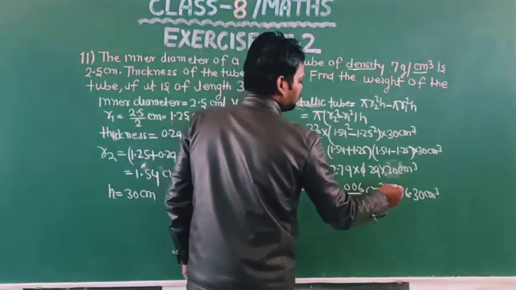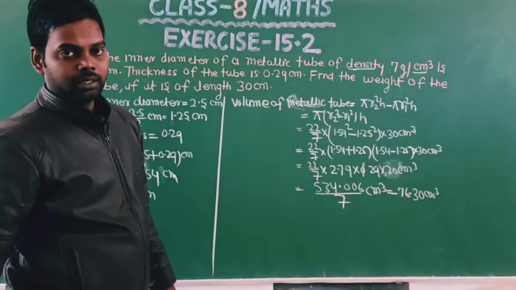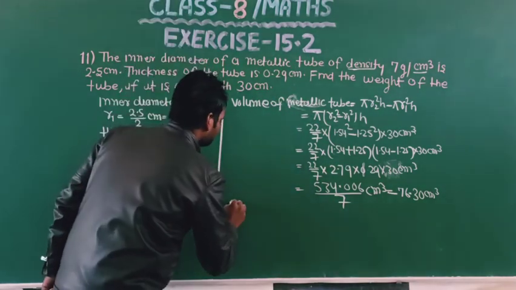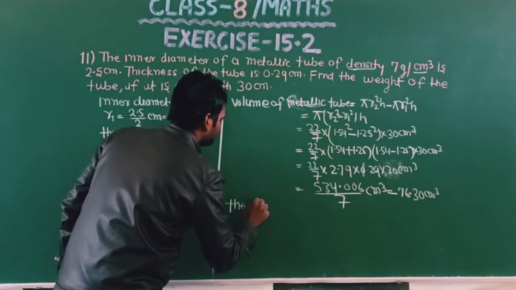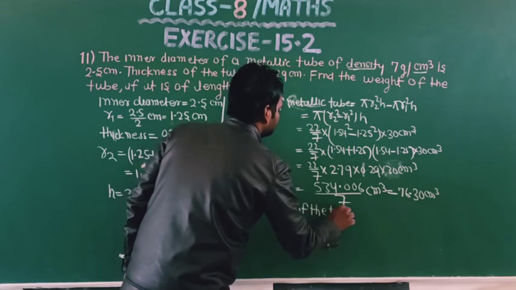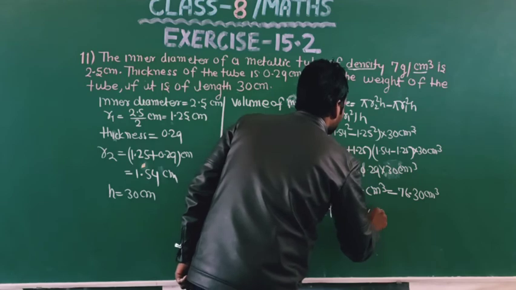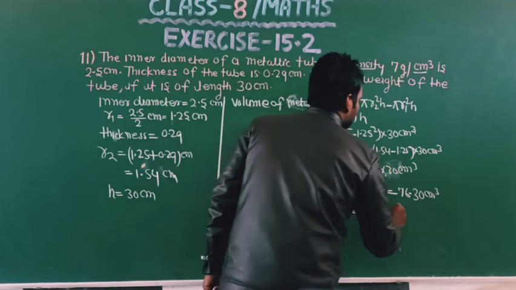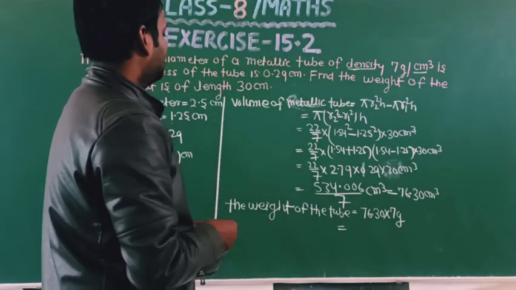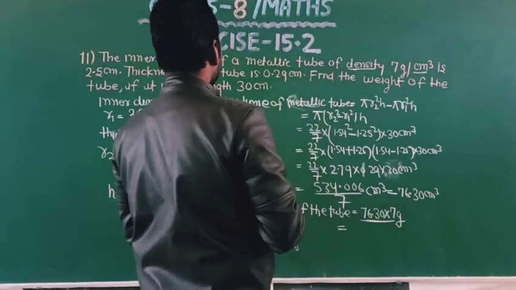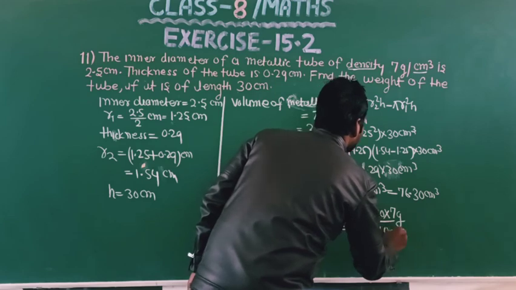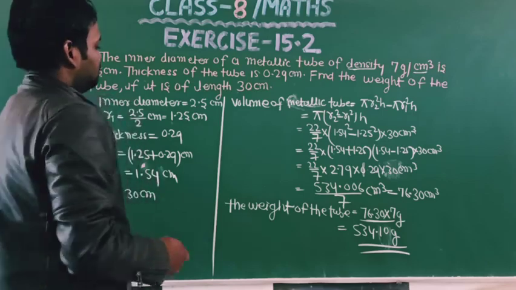Therefore 76.30 centimeter cube and density, the weight of the tube equal to 76.30 into 7 gram, and after simplification this gives us 534.10 gram.